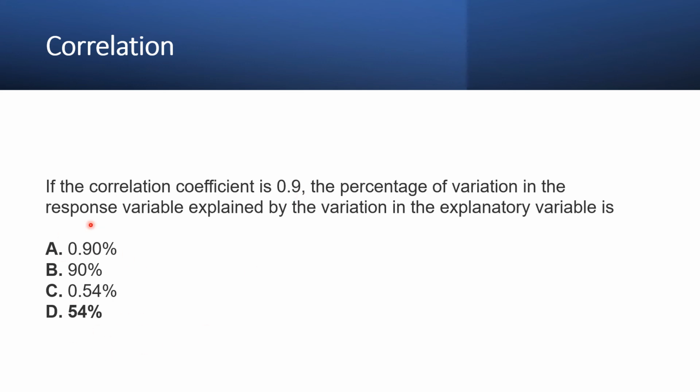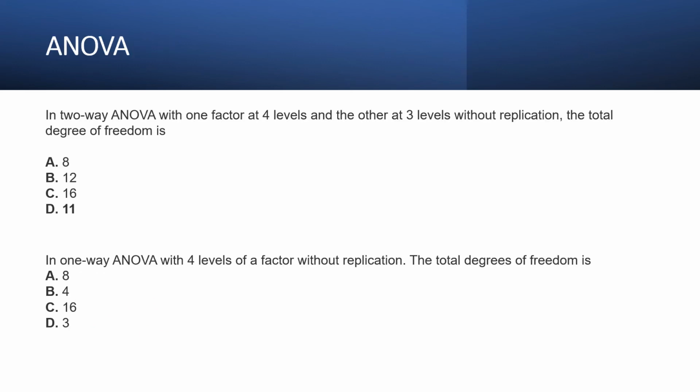Actually, one of the options should be 0.81 or 81%, but here it is given as 54. So this is a small typo error. So 0.9 multiplied by 0.9 will give you 0.81. That means the answer will be 81%. So 81% should be one of the options.